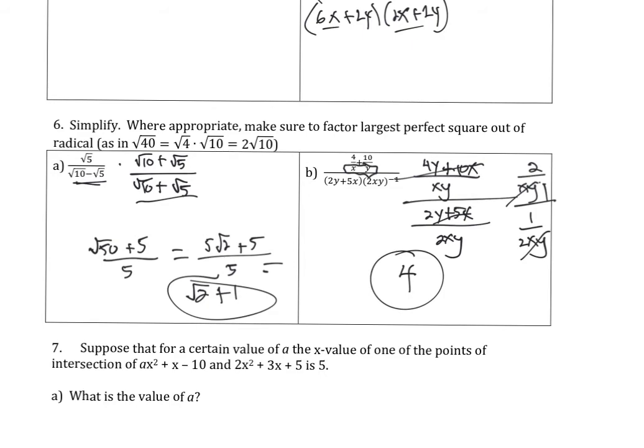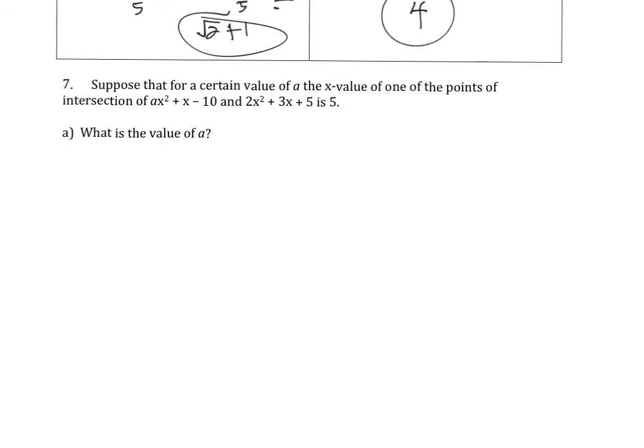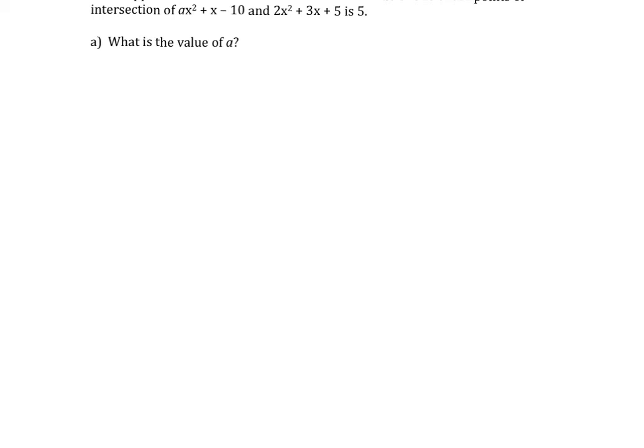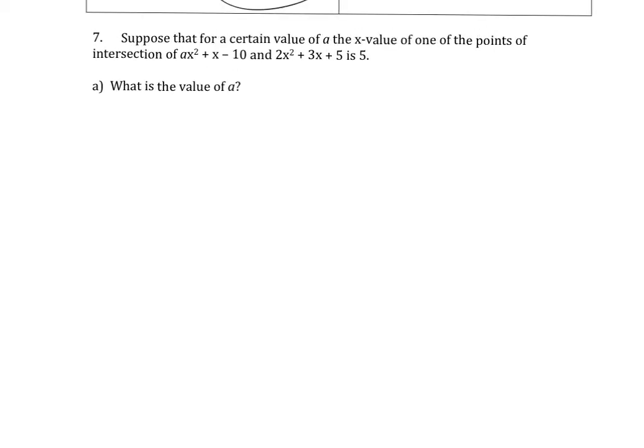Okay. Moving right along. So this next one gets a little complicated. We want the intersection of these 2 curves. We want the x value of one of the points of intersection to be 5. So when we're dealing with intersections, we do subtraction.